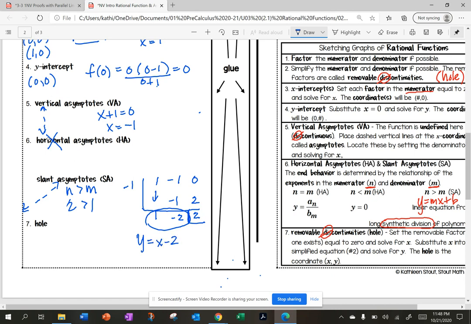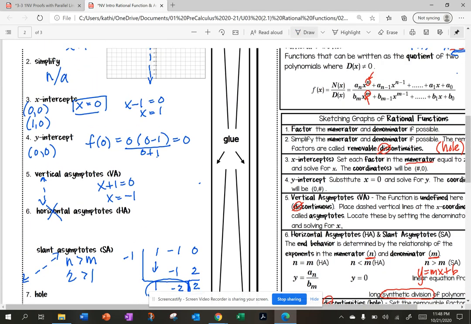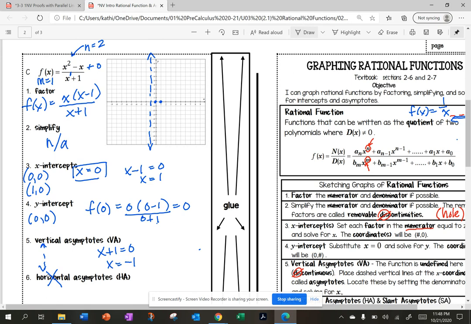So I need to go graph that. So this is y equals mx plus b, where my slope is 1 and my y-intercept is -2. So my y-intercept is -2 and my slope is 1. So I know I have these points right here.